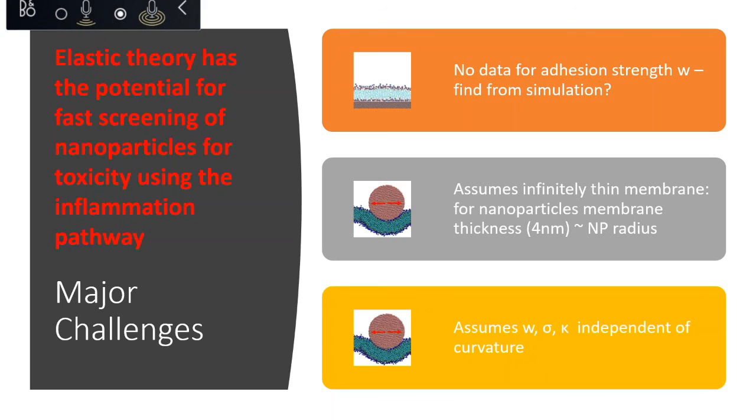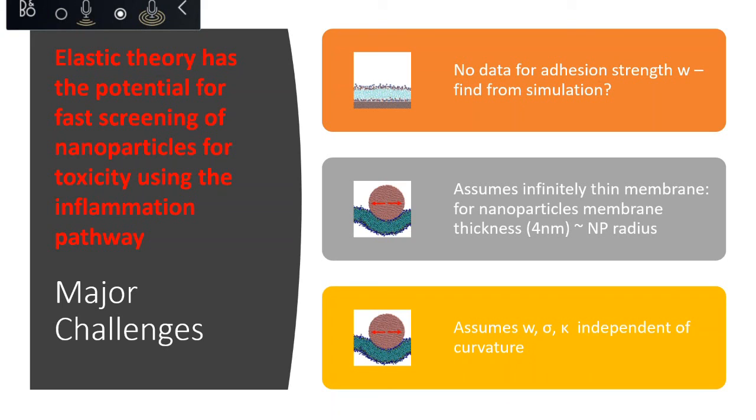Well, the first one is there's no data for the adsorption strength, except for one material, which is gold. No experimental data and no data from simulation before we started working on this. So without the W, or more restrictedly the KW, we can't make progress.